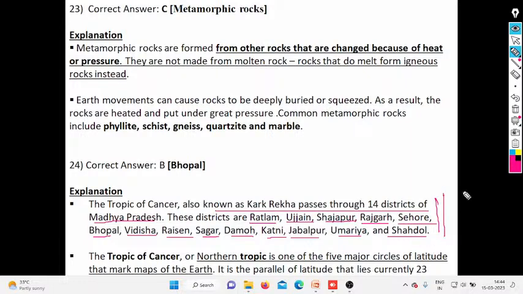These are the 14 districts of Madhya Pradesh through which the Tropic of Cancer passes.